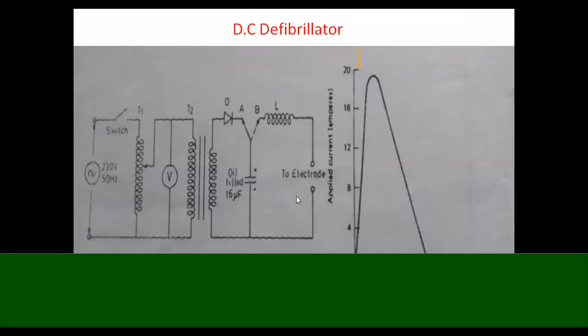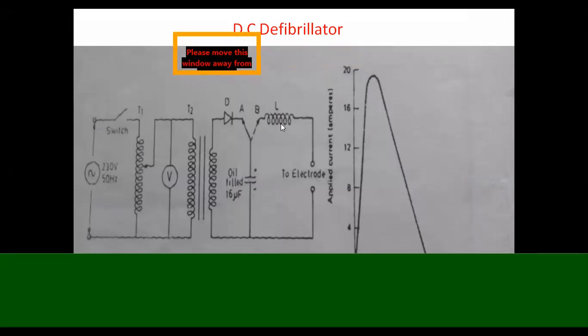To avoid such burning of the chest and damage to the heart, we are using an inductor. By this there is a slow discharge, I mean it makes the shape of the discharging capacitor change.